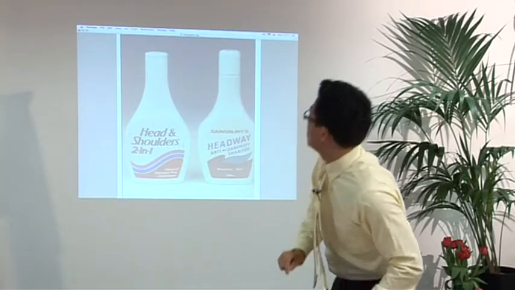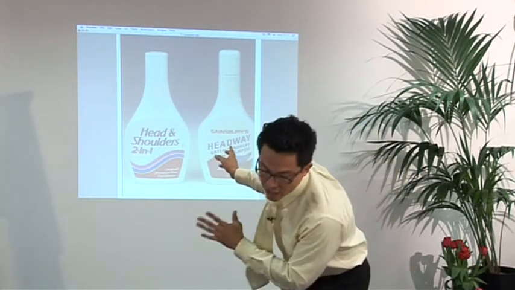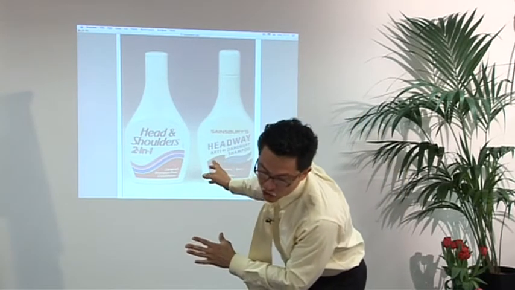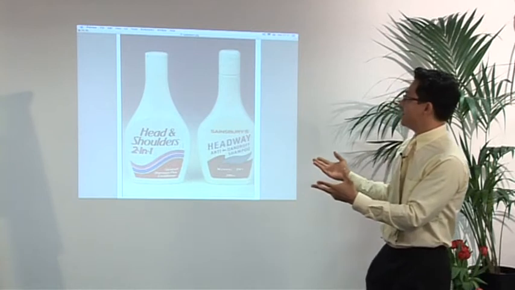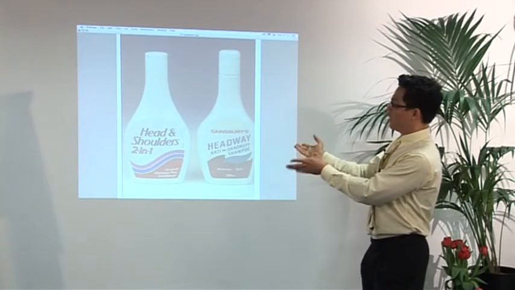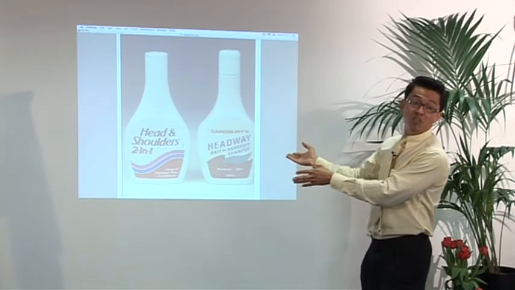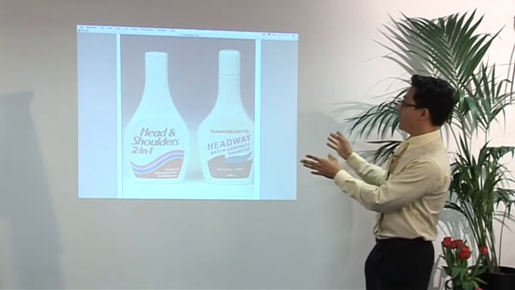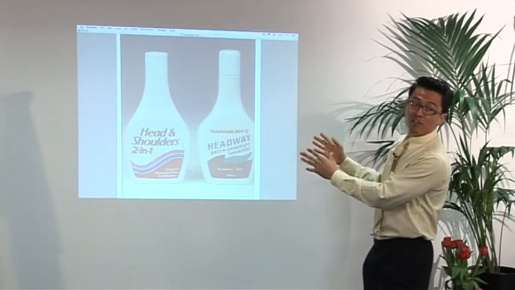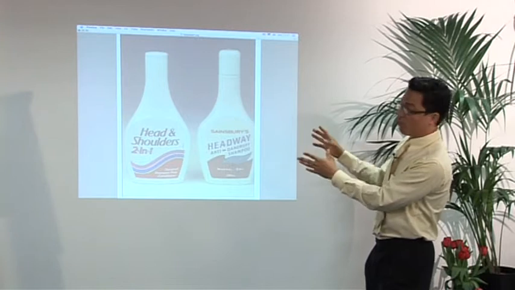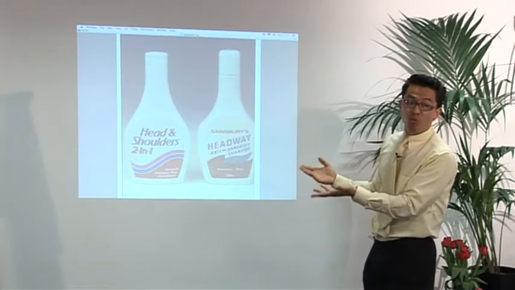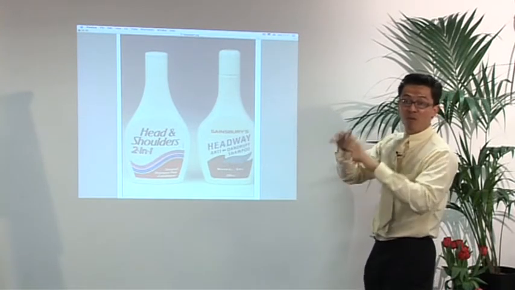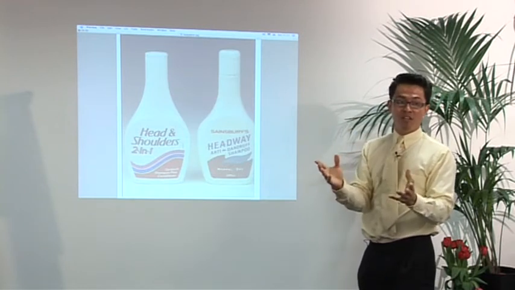Moving on to my second example, this concerns the shape of the product. In this case, we've got some Head and Shoulders shampoo. In this case, right, the shape of the product, the general appearance of the product has been copied. There was no reason for it because they could have chosen a completely different shape of the bottle.